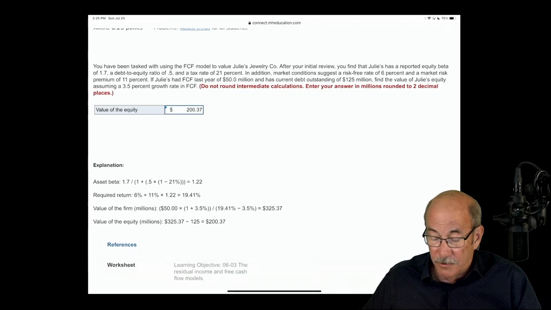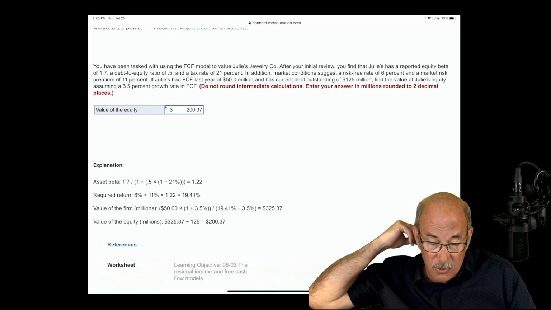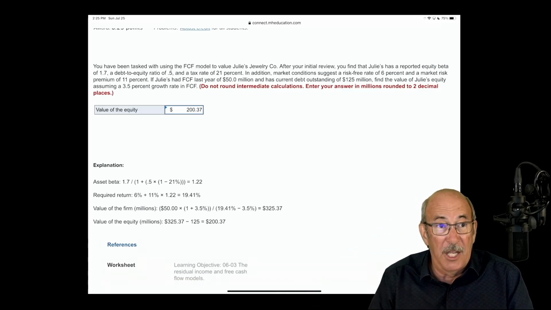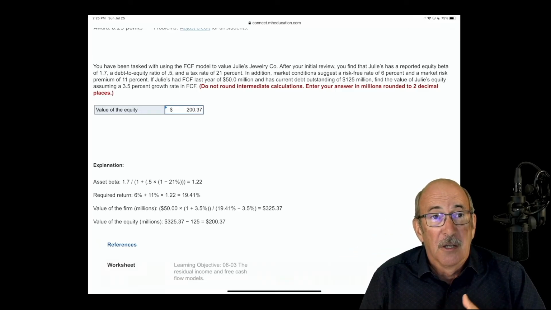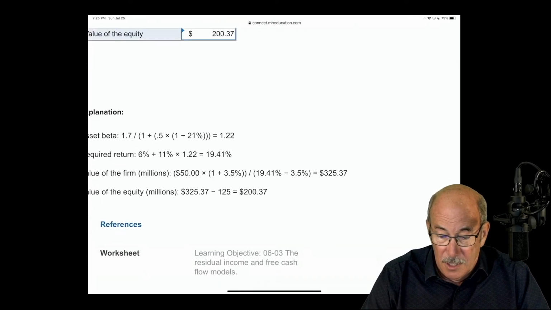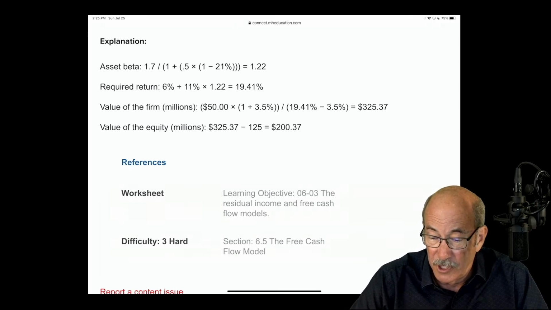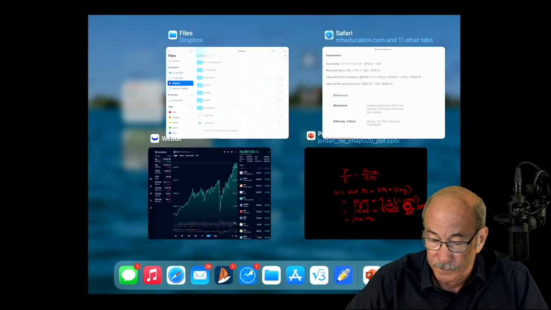All right, so I've got all those numbers jotted down. The first thing to do is to figure out what the asset beta is, so we can figure out the correct discount rate for the earnings on the asset base. Let me go to the formula sheet here.